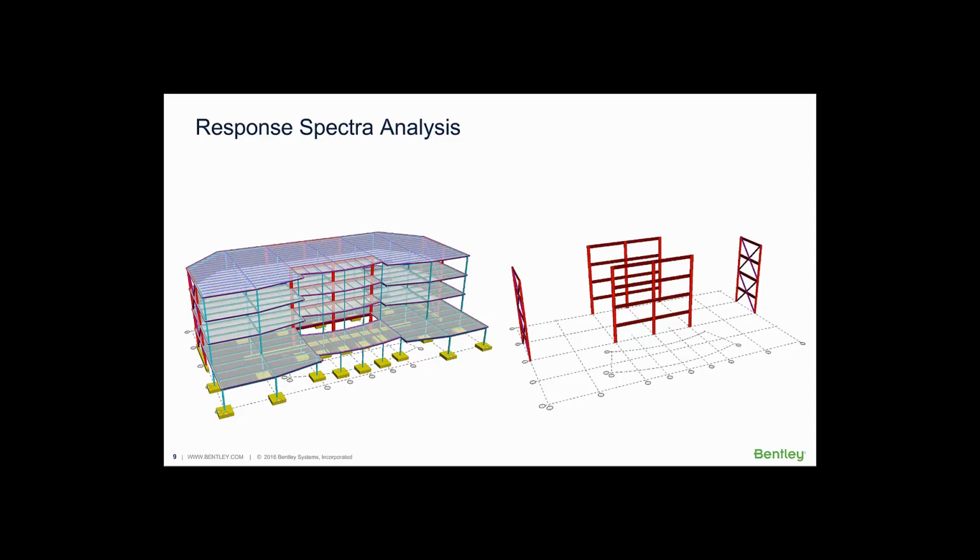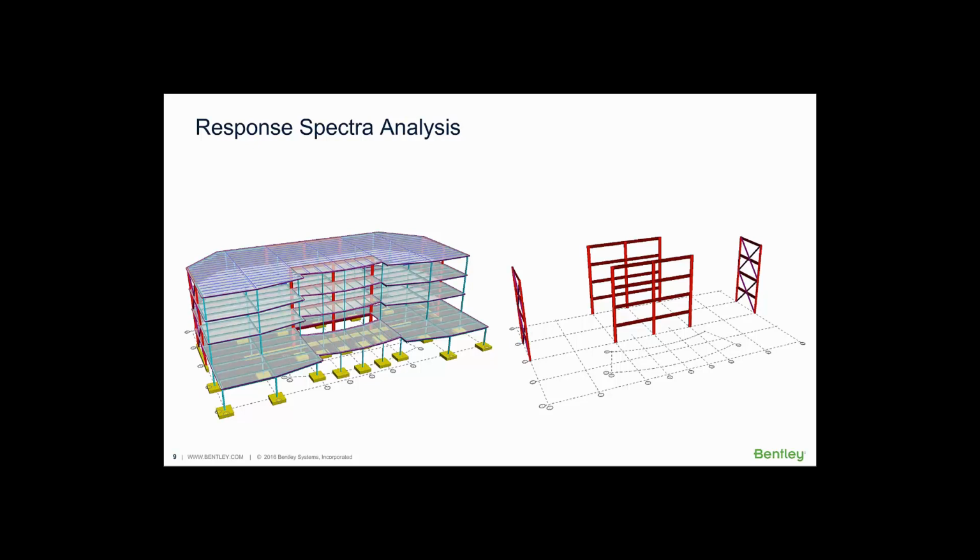So I want to move on to another subject here. And again, this is an area where different programs implement response spectrum analysis differently. And you need to understand what the program is doing, and you need to understand what the limitations are, and you need to have a feel for what you need to do to fill the shortcomings, because there are some shortcomings to the response spectrum analysis.